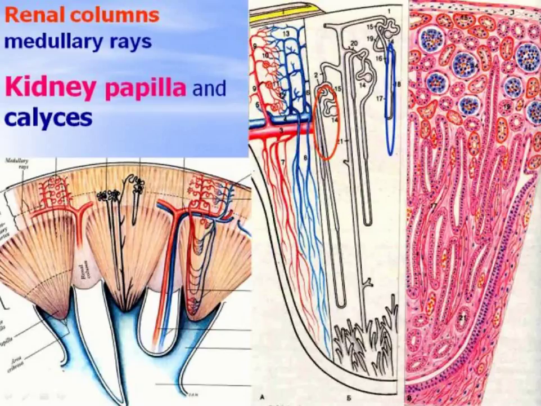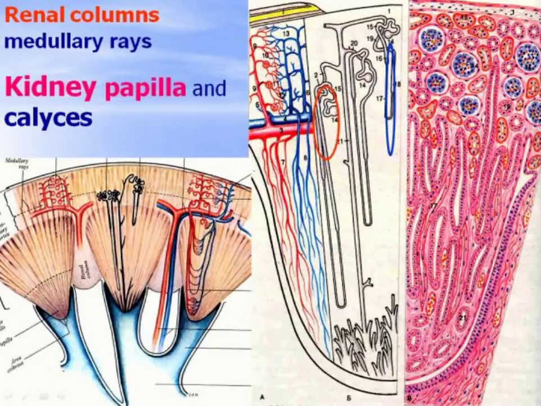So in this case, there are straight tubules and, deeper in the cortex, medullary rays. And if renal corpuscles are located near the medulla, the convoluted tubules enter the medulla as renal columns.